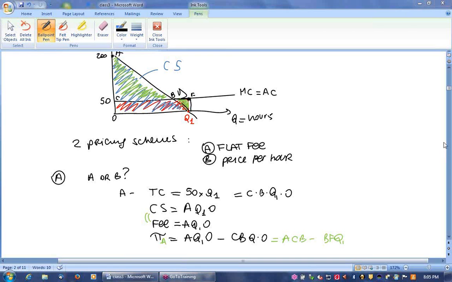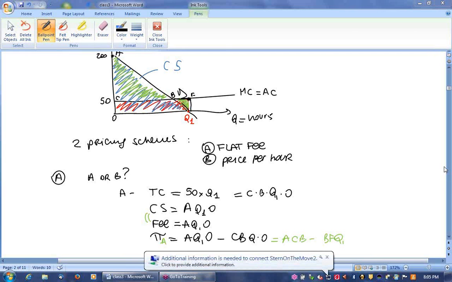So consumer surplus, the definition of consumer surplus, is the area above the price in the market and below the demand curve. Here the price in the market is considered the price per hour.